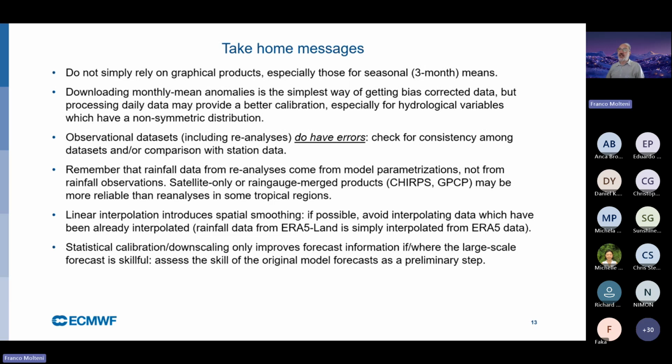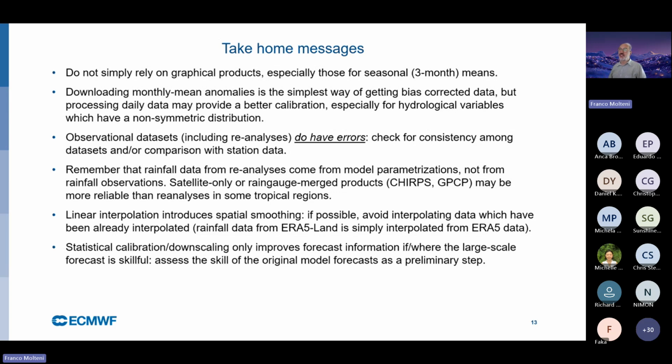Satellite-only products, or products where satellite and rain gauge data are merged, may be more reliable than reanalysis in some tropical regions. Usually, from my experience, this is more so in dry regions. Usually in areas where it rains a lot, reanalyses are pretty good. It may also depend on the region.